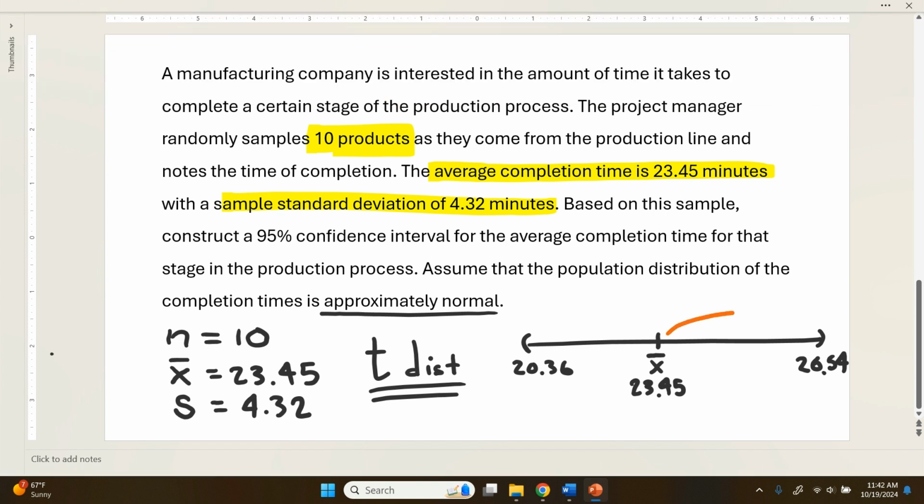And again, by adding the margin of error of 3.09 and subtracting it, that's how we arrived at our lower confidence limit and our upper confidence limit. So we're 95% confident that the true population mean is somewhere between 20.36 minutes and 26.54 minutes to complete the production process at this particular stage.